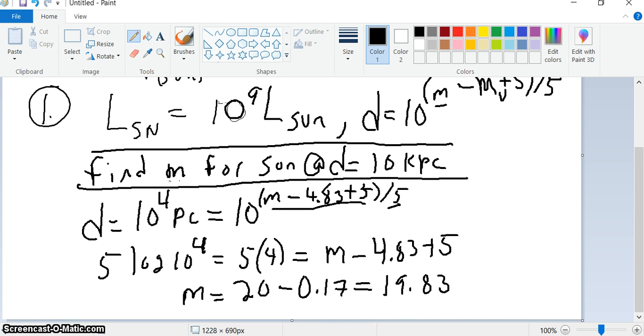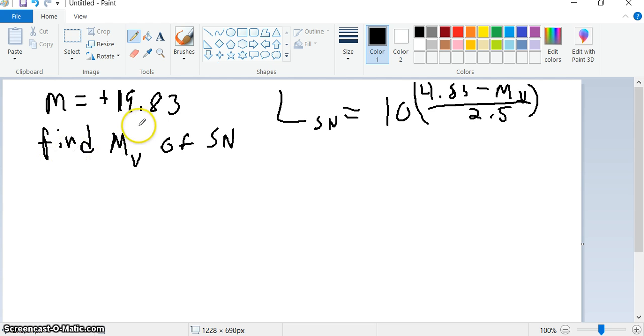So this actually takes 3 steps. The first step was to figure out what the apparent magnitude of our sun would be at 10 kiloparsecs, and we found that that was positive 19.83. Now we have to figure out the absolute magnitude of this particular supernova. Now, how do we do that?